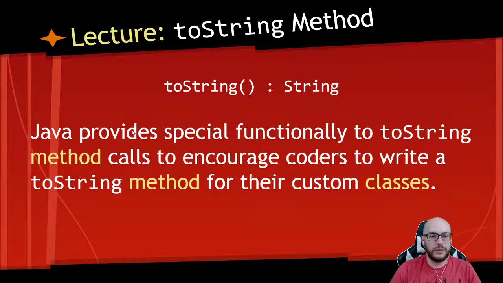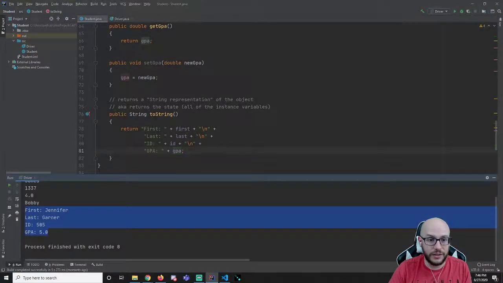Now, there is special functionality built into Java to encourage you to use these toString methods, right? I said it was a convention. That's true. There's no syntax. If we look at this, toString is not a reserved word. If it was a reserved word, it would look the same as public or return or double, right? toString is not a reserved word.